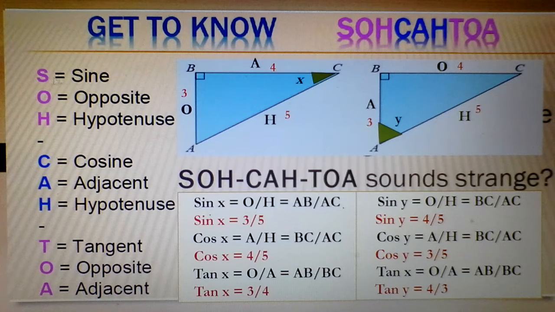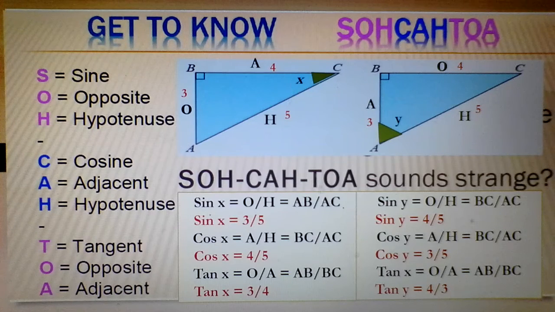What is this? Okay, so S represents sine, O represents opposite, H hypotenuse, C we use for cos, A is adjacent. Okay, tangent we use T. So now what is Sohcahtoa? You look at this triangle ABC.